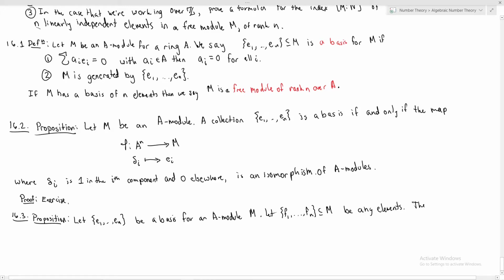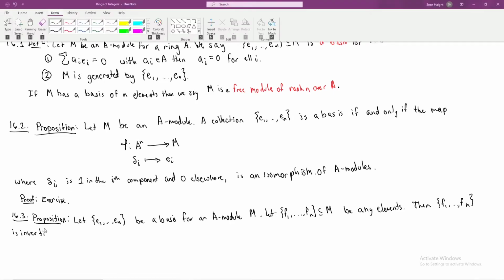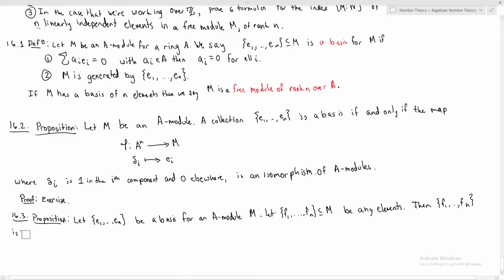Then f_1 through f_n is invertible if and only if, sorry, what am I saying here? I skipped a line. Doesn't make sense to ask this to be invertible.